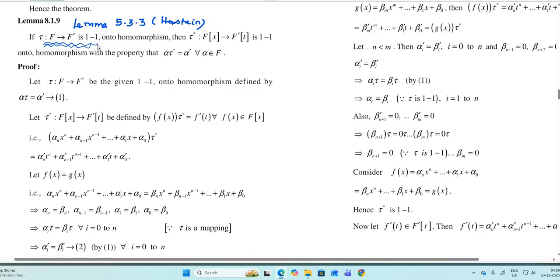And at the beginning, if you have noticed, how can you assume that there are two fields F and F prime, so that we can have tau to be a one-to-one and onto homomorphism? That answer will be given nearly at the end of the proof of any two splitting fields of the same polynomial are isomorphic.